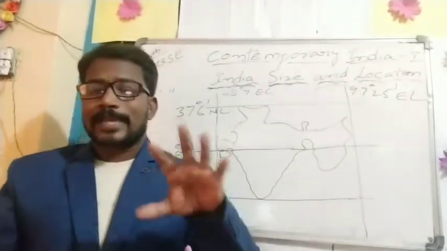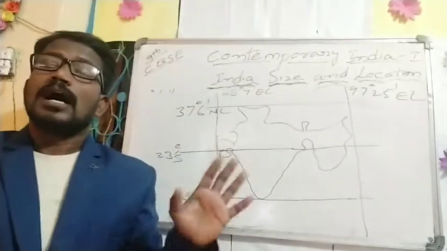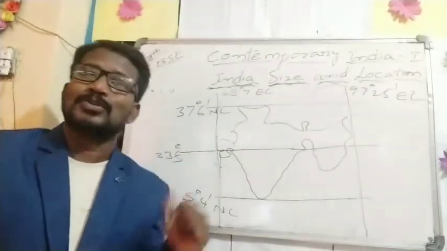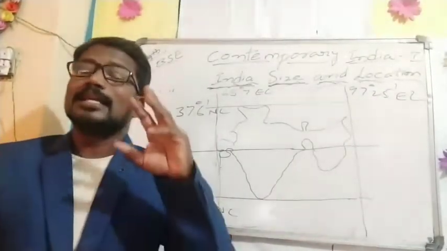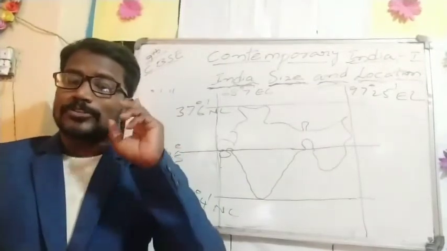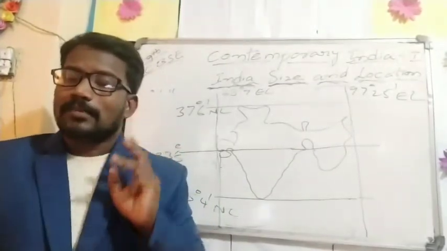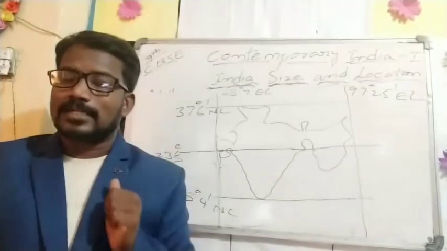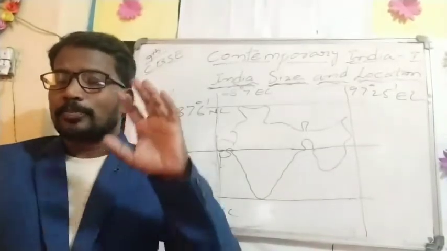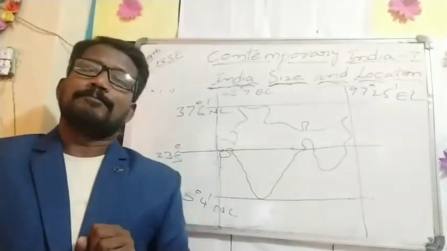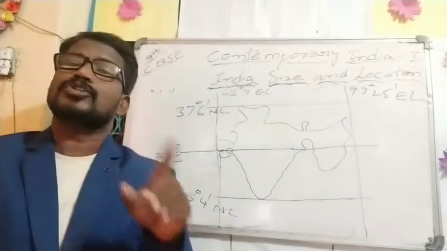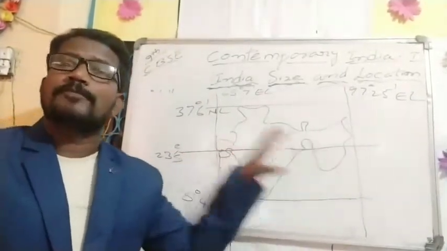Okay, the Tropic of Cancer passes through how many states? Now we have to learn. It passes through Rajasthan, Chhattisgarh, Gujarat, Madhya Pradesh, Jharkhand, West Bengal, Tripura and Mizoram. Okay, nearly 8 states share the Tropic of Cancer.